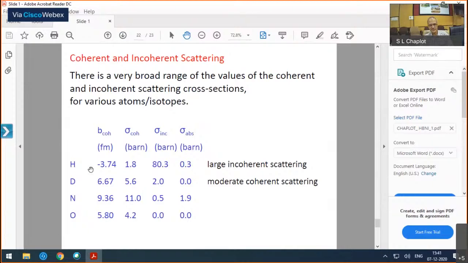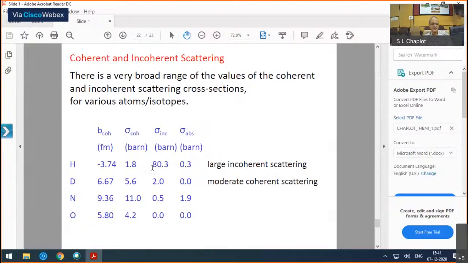On the other hand, even for the vibrational spectrum, if the compound or the sample has hydrogen, then it will dominate the total scattering, and you will end up getting information largely from the hydrogen atom.